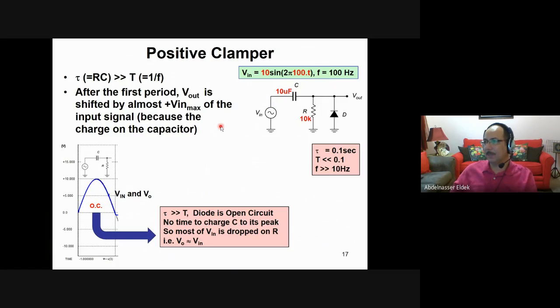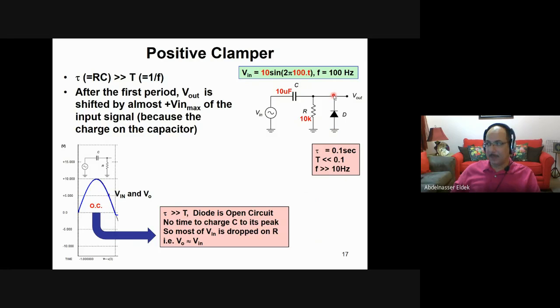Okay, so let's see what happens to the output signal if the input is a sine wave. Look at the first half: the input signal is positive. So you have a higher voltage here than the ground.